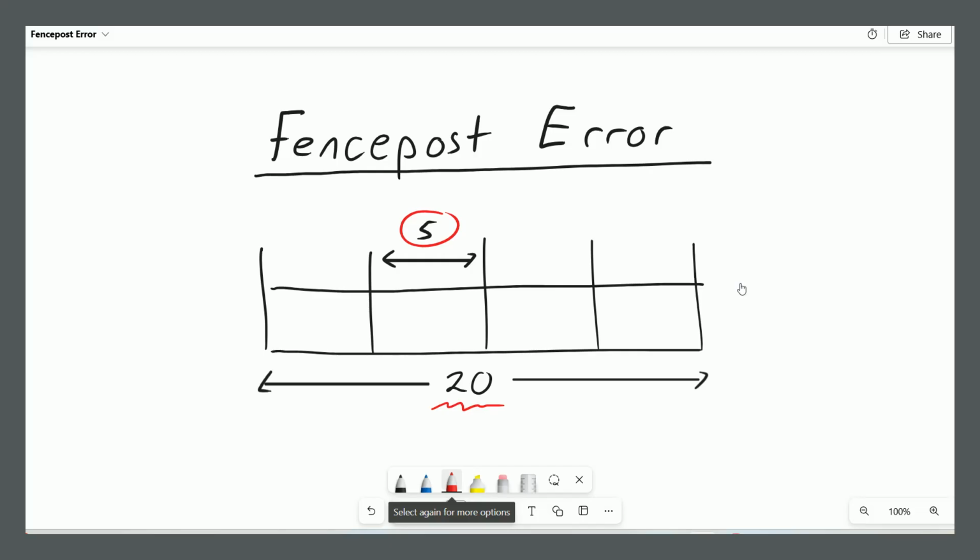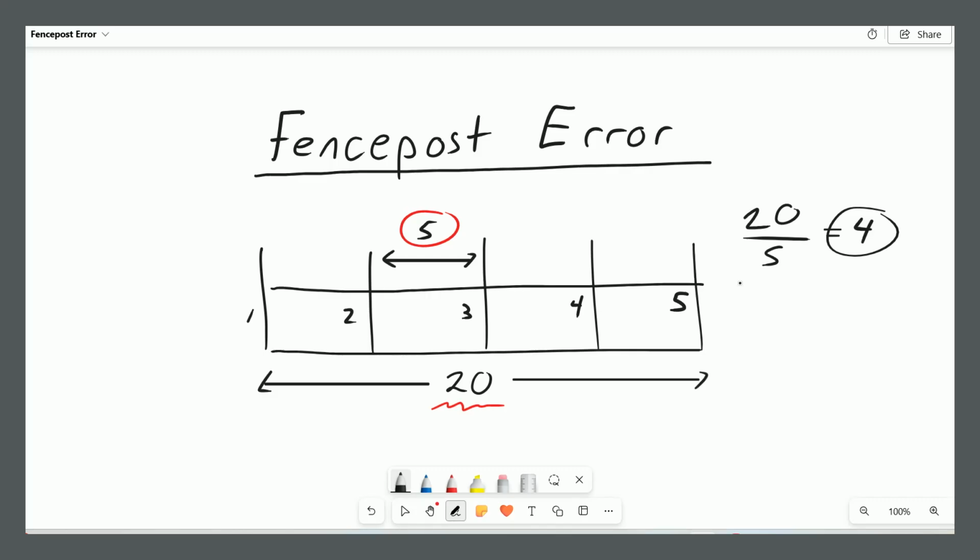And commonly someone might make a calculation. Well, 20-meter fence divided by 5 equal segments is 4. So we need 4 posts. But the number of posts we actually need is 1, 2, 3, 4, 5.